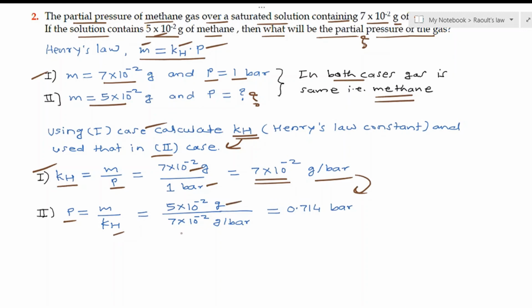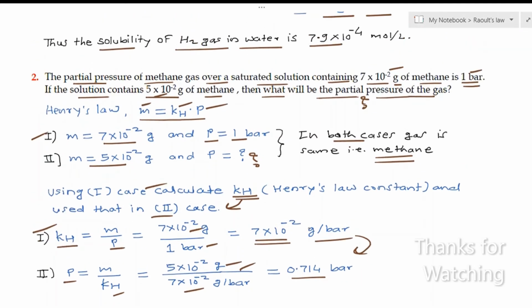Put both values and you will get the partial pressure of the gas as 0.714. So mass changes, and here partial pressure also changes. This is another form of Henry's law, in which if mass is given, we can calculate the partial pressure.